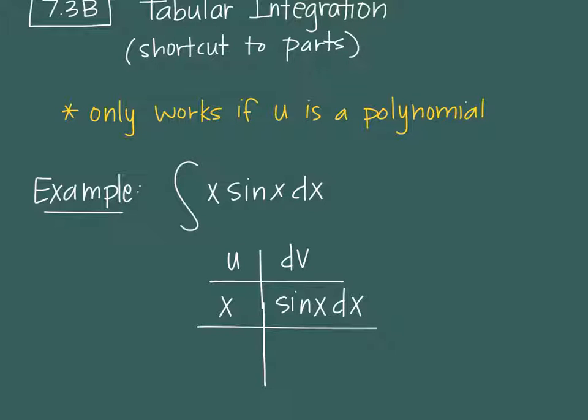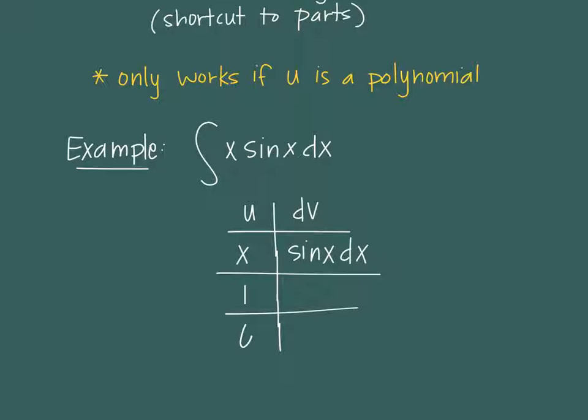You're going to go down. The U column is going to go down in derivatives. The derivative of x is what? 1. Again, the derivative of 1 is 0. The dv column is going to go up in antiderivatives.